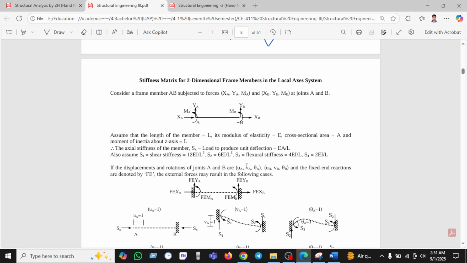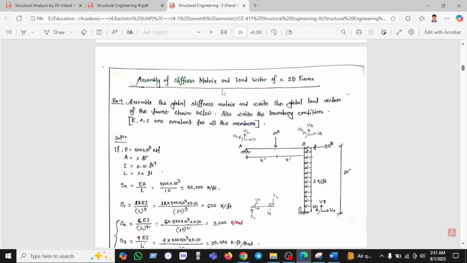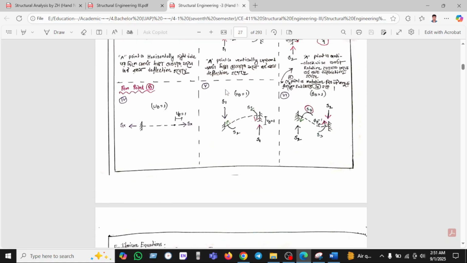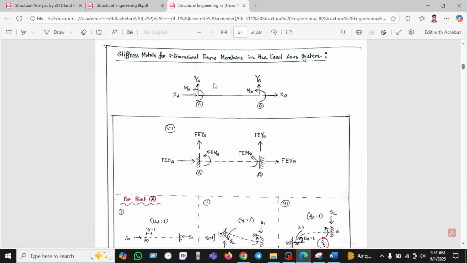If we go to here, we can see a beam is shown, and point 1 on the left side we can call A, and the right side is point B, and we can use three actions.